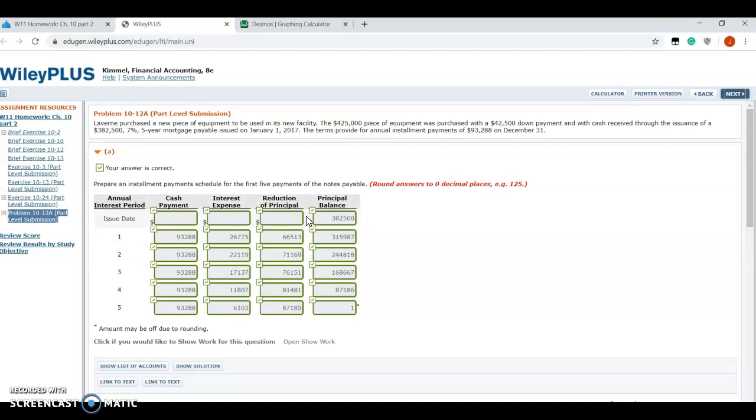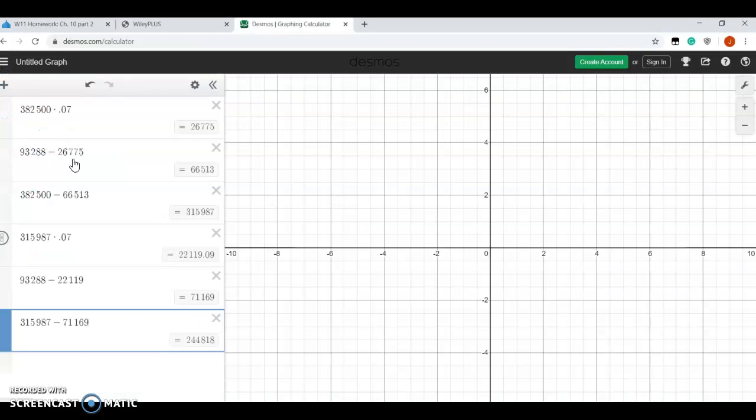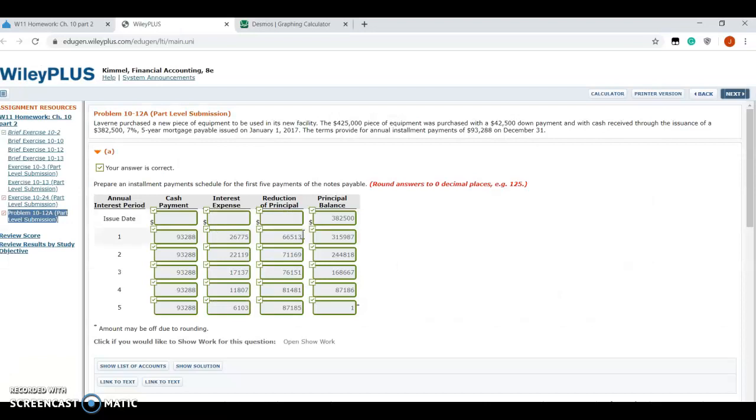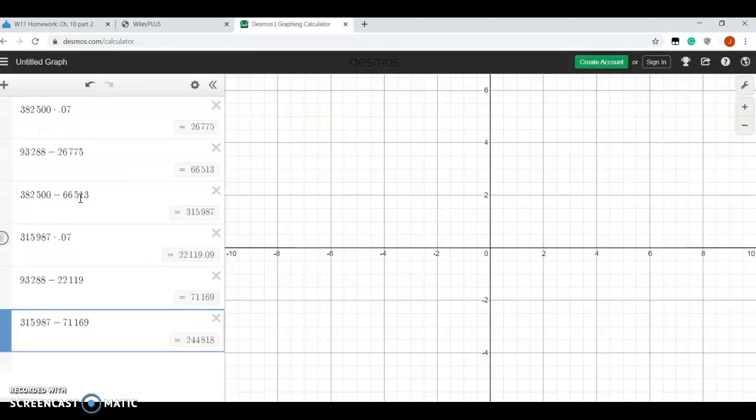So it's basically our principal payment for the year, and that's right here. So that gives us $66,513 right there. And then we're going to take the principal balance, the $382,500, and subtract the $66,513 to give us the $315,987. And if you want to see that, that math is right here.